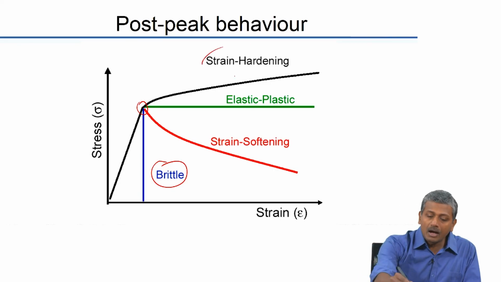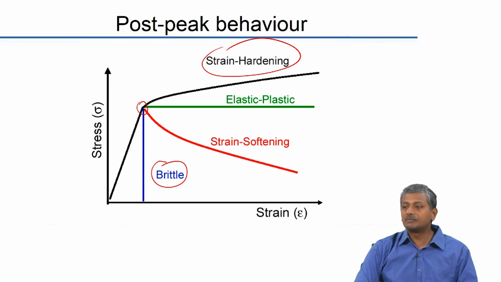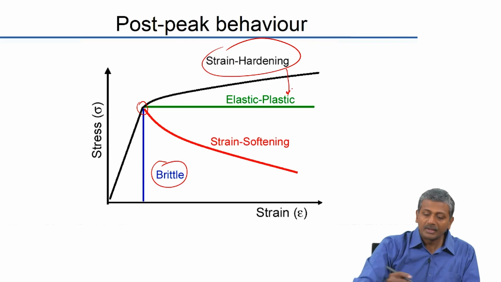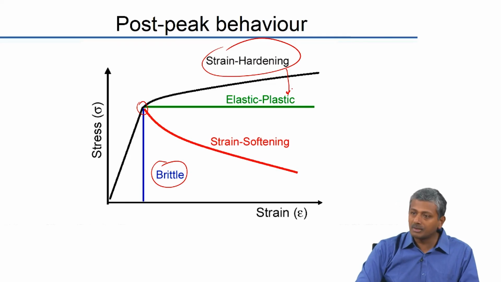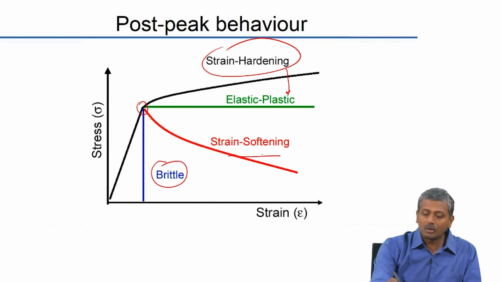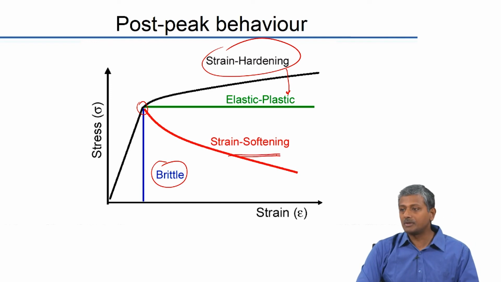You have the strain hardening behavior that you typically associate with steel, mild steel and other metals. Okay. But for design purposes, we assume that to be an elastic plastic behavior. We assume that the yield strength will be the maximum you will get and not really go into the strain hardening region, right. With concrete, we call the behavior strain softening behavior.